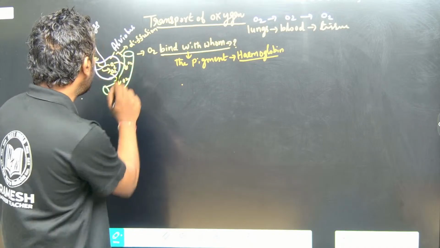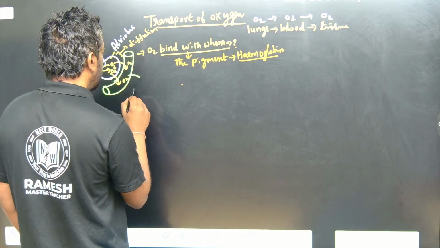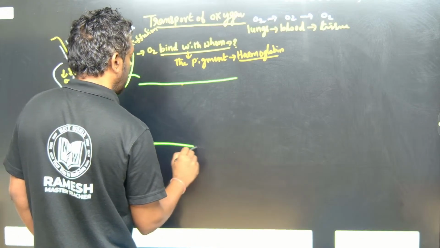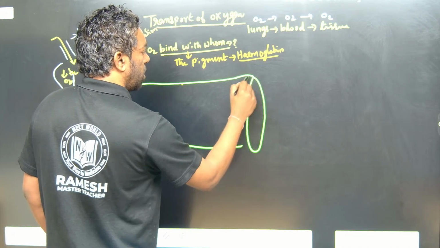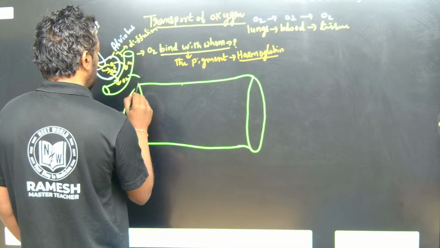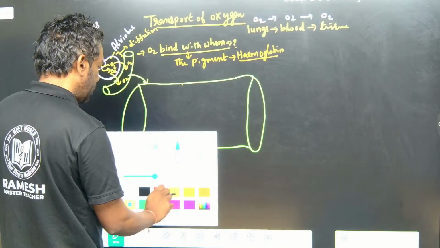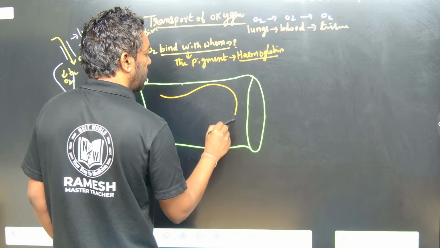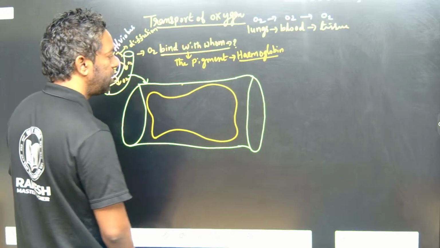Where is it located? In the RBC. This is the blood vessel. In the blood vessel there is a pigment called hemoglobin. This is the RBC.